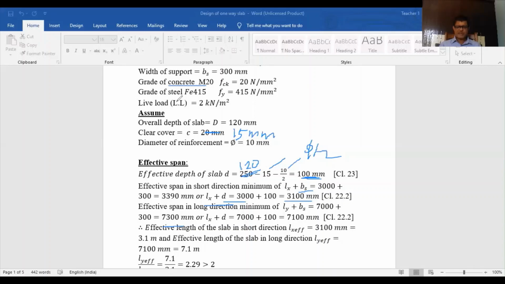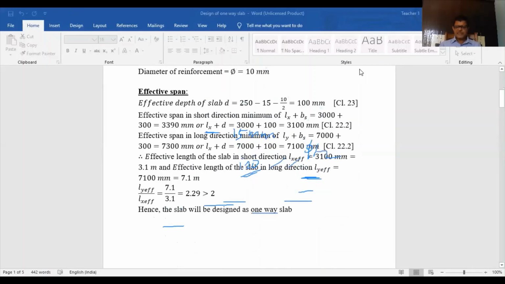Ly by Lx is 7.1 by 3.1. This value is coming 2.29, which is greater than 2, so it is a one-way slab. So first you check whether it is a one-way slab or two-way slab. Now we'll design for a one-way slab, and it is just like the design of beams.